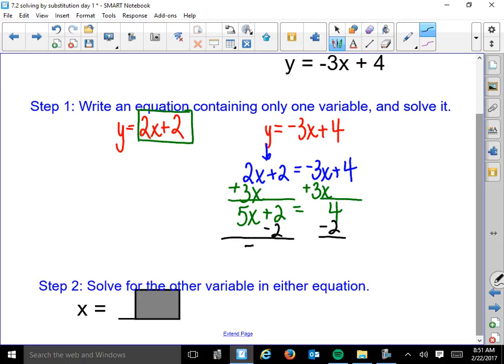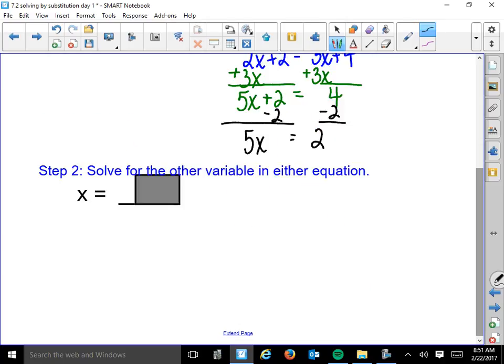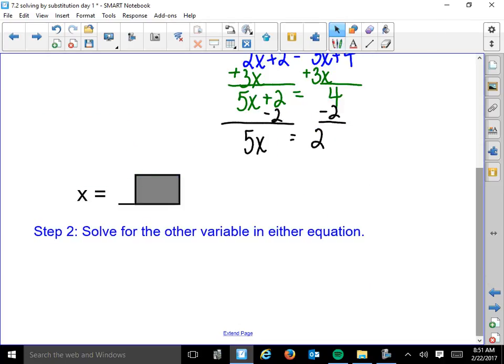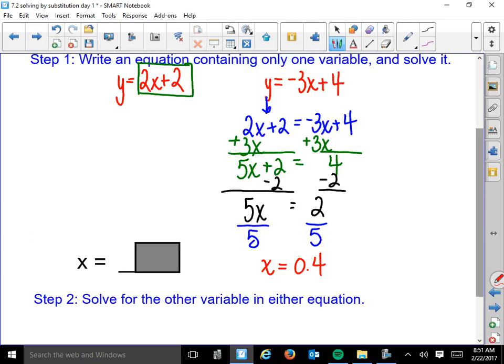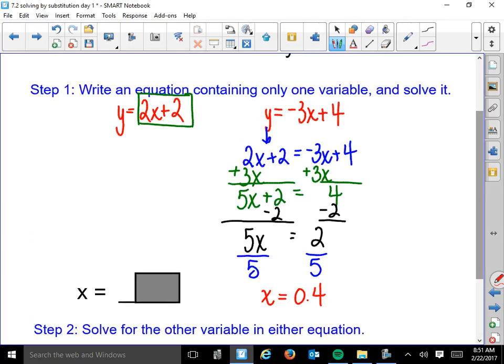That leaves me 5x equals 2. Divide each side by 5. So x is equal to 2/5, and as a decimal, that is 0.4. So I have my first coordinate, x is equal to 0.4.